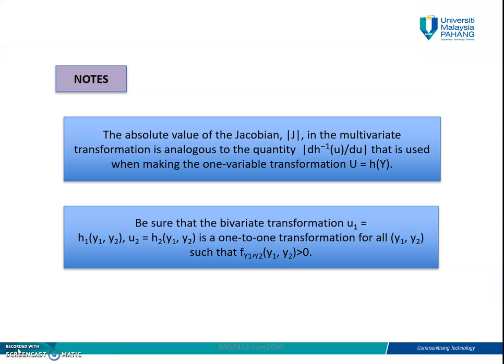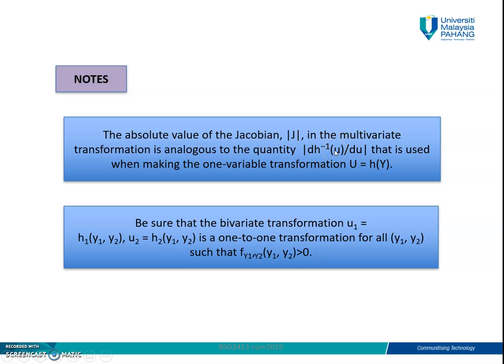An important note here: the absolute value of the Jacobian in the multivariate transformation is analogous to the quantity of the derivative of the inverse function with respect to u. If you remember, in the previous video for one variable only, we had this one.